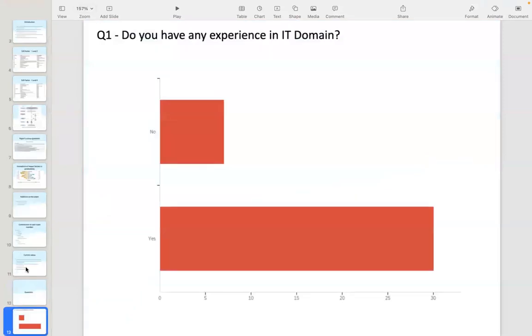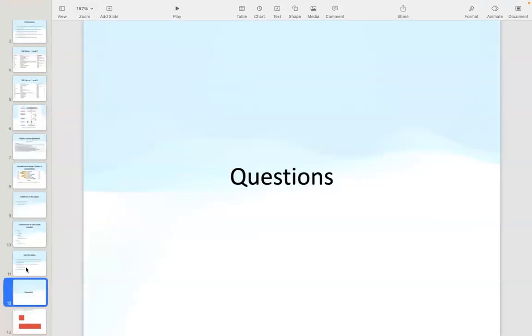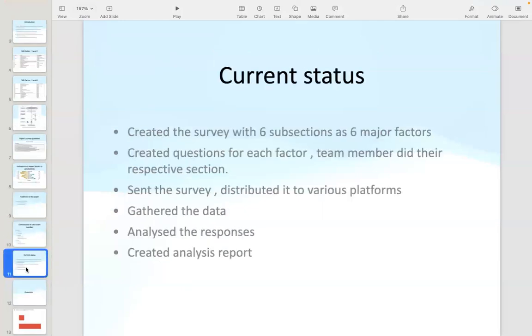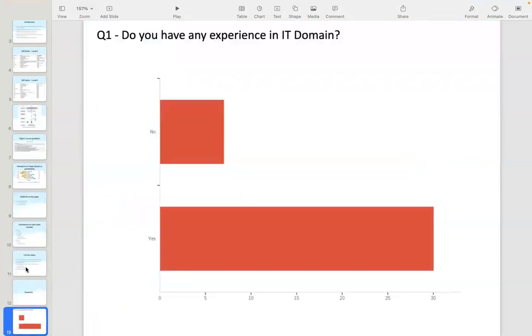So the first subsection, like we said, was people and product. Harsha has done this section, and he has written some questions, so I'll go over them. One thing to note: in this PPT, I have only added the questions that are yes or no, or multiple choice. I have not added textual questions because that is future work.